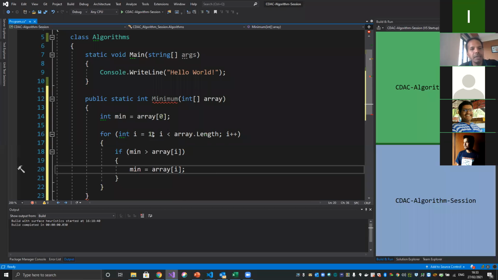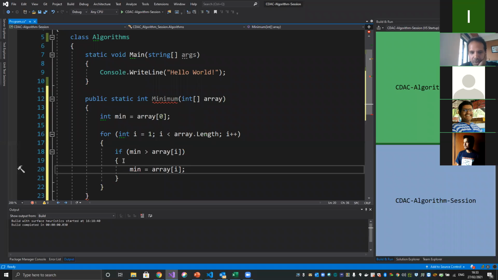Now imagine the array length is 100 and i is 5. After the 5th iteration, if I look at only the first 5 elements, then min will be holding the proper minimum within those 5 elements. Min would be holding the minimum value among those 5 elements if I have only done 5 iterations of this piece of code.